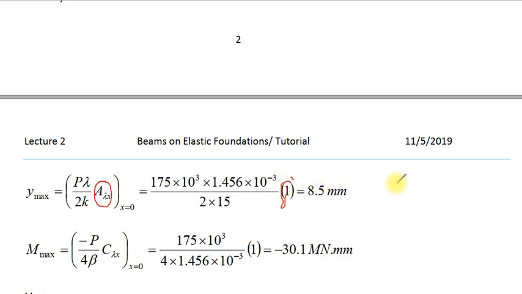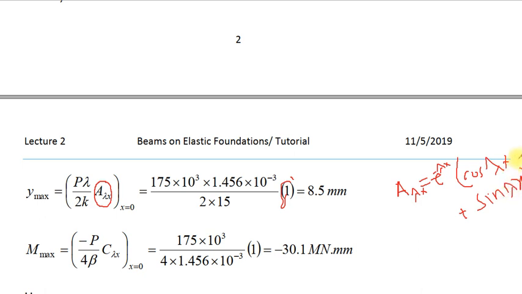This factor A lambda x, as we know, equals e to the minus lambda x multiplied by cosine lambda x plus sine lambda x.